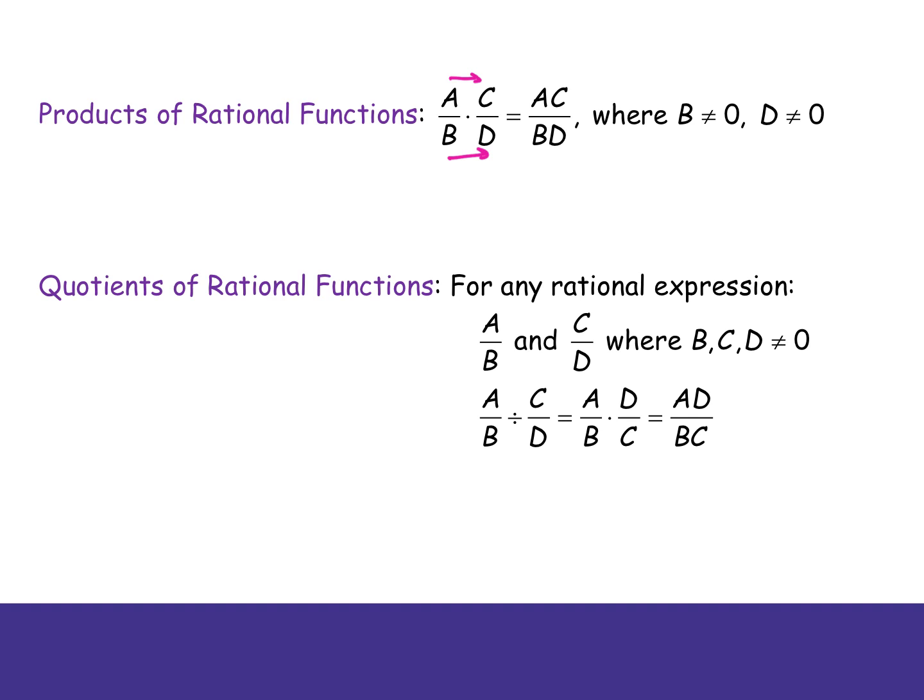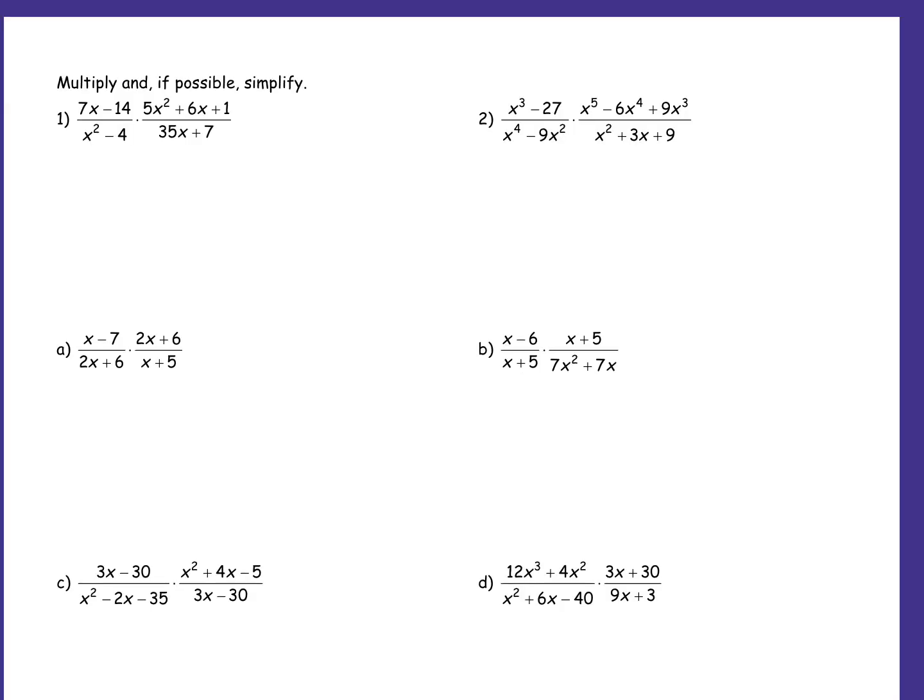Now, when I'm talking about rationals, instead of multiplying right out off the bat, I'm not going to do that. I'm going to factor. Remember what we did yesterday when we simplified is we factored. This is basically what multiplying and dividing rational functions is: we're going to factor everything, cancel everything out, and what's left is what's left. And that's our answer.